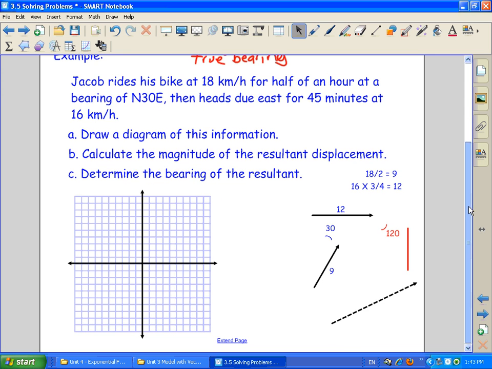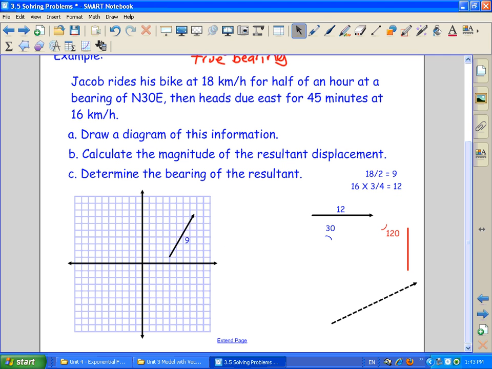All right. So the first vector we need to draw, guys, is 30 degrees. And he is going 18 kilometers per hour for half an hour. So what you need to do, folks, is take 18, and because it's half an hour, you have to divide it by 2, which will give us 9.